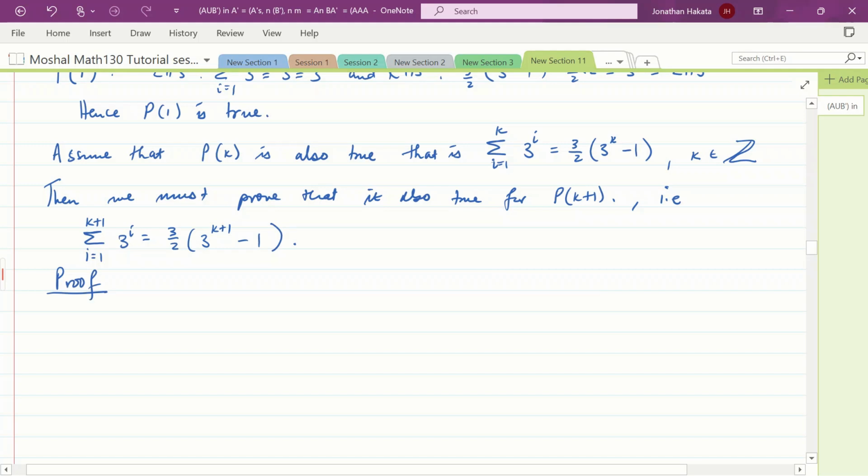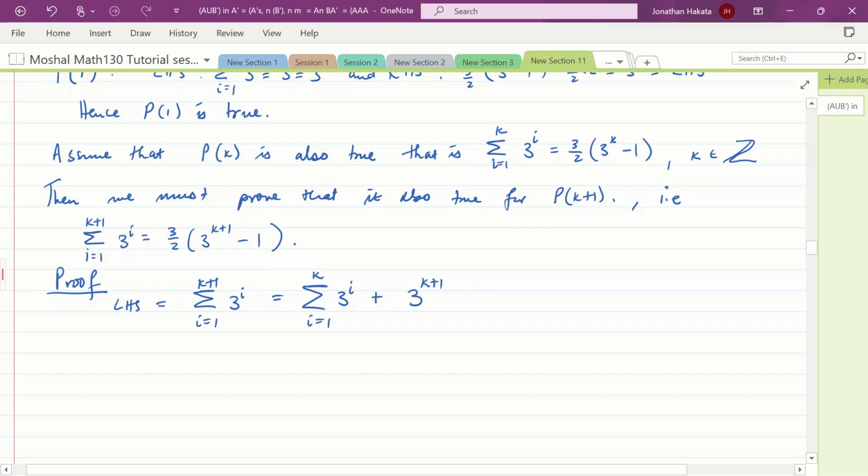So when we are proving, we start off with the left hand side. The left hand side, summation from i equal to 1 up to k plus 1 of 3 to the power i, is just the same as summation from i equal to 1 up to k of 3 to the i plus the last term, which would be just 3 to the power of k plus 1.